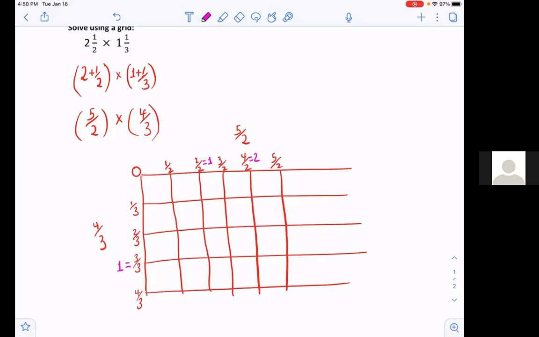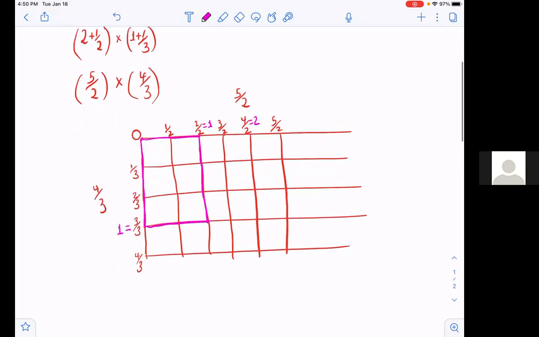This area here is of great importance. The area bounded by 1 unit horizontally and 1 unit vertically, because that will help us to find the denominator for our answer.